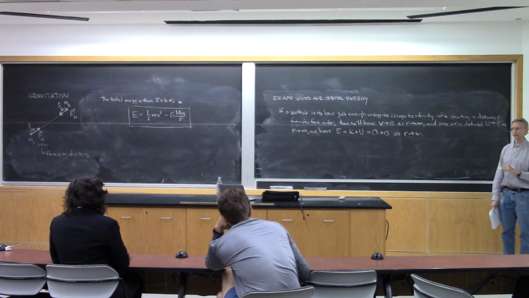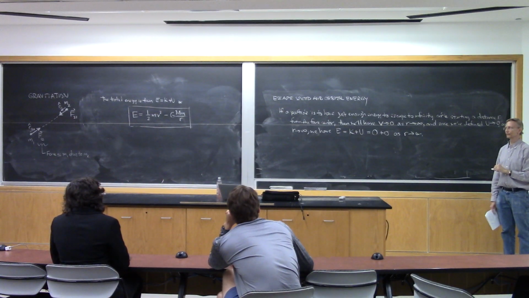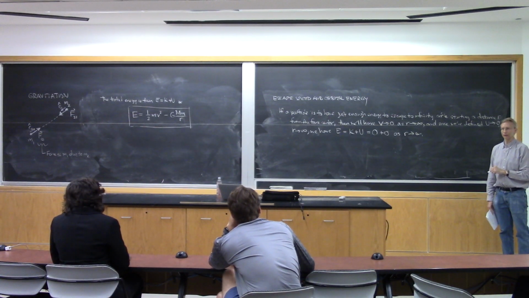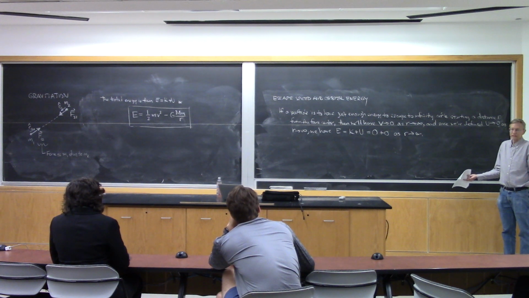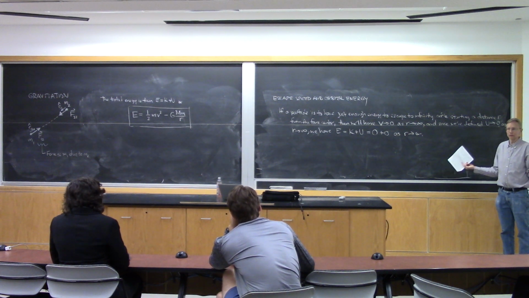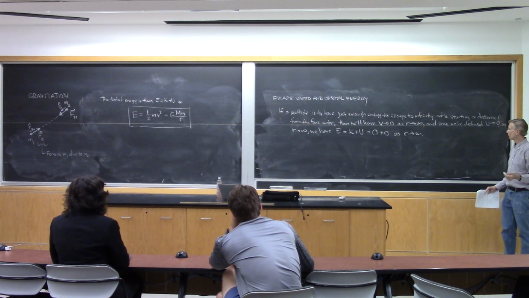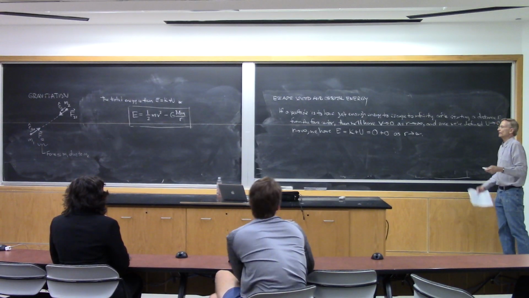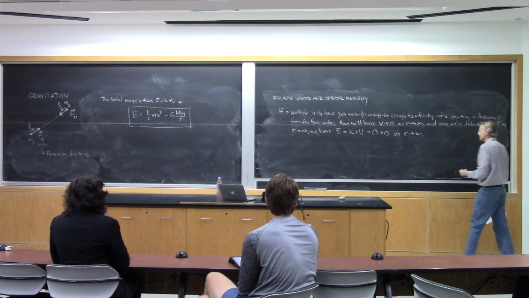But wait a minute, energy is conserved, so if it goes to 0 as r approaches infinity, it was always 0 to begin with, right? Whatever the particle's energy is, that's its energy no matter where it is. So, since energy is conserved, E is 0 for this particle in this situation.